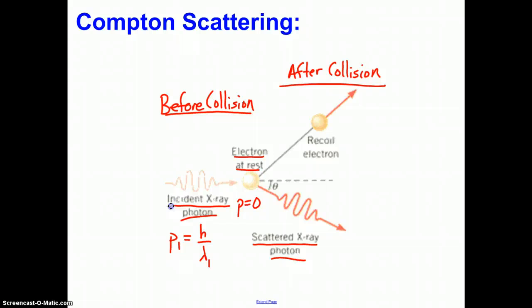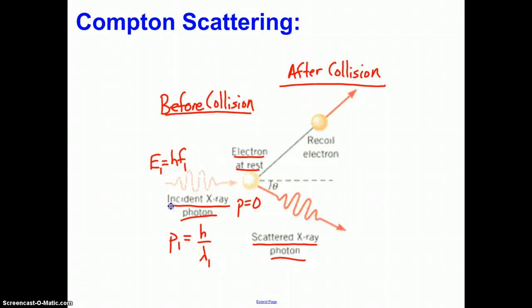The next question we're going to ask: what objects, if any, have energy before the collision? Once again, the only objects that are moving are the photons. And how would we express their energy? Well, we learned in the photoelectric effect that the energy of photons is expressed by hf, and we'll give that an E1 and an f1 for our initial amounts.